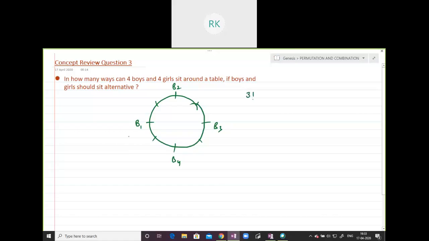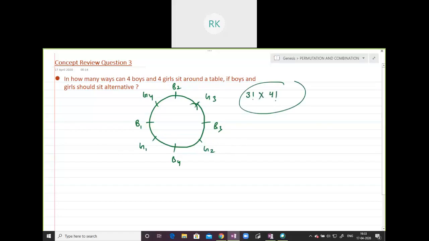Now the remaining girls, let's say G1, G2, G3, and G4. 4 girls. How many ways can they be rearranged? Of course, 4 factorial ways.